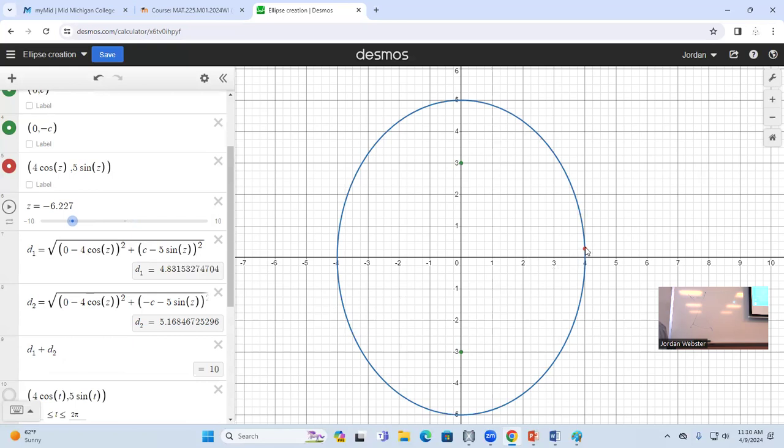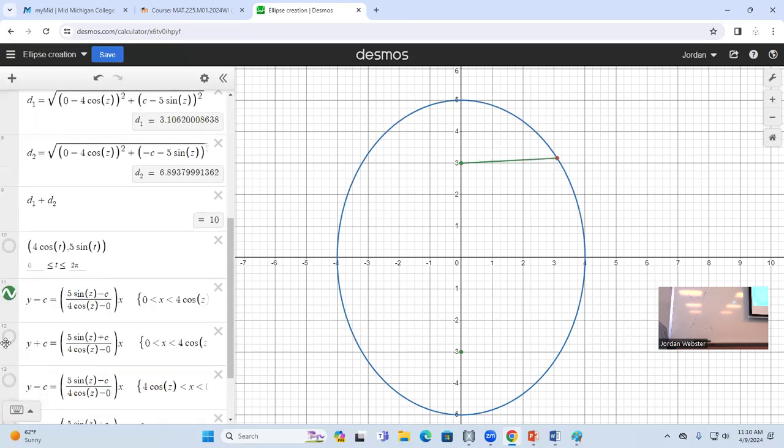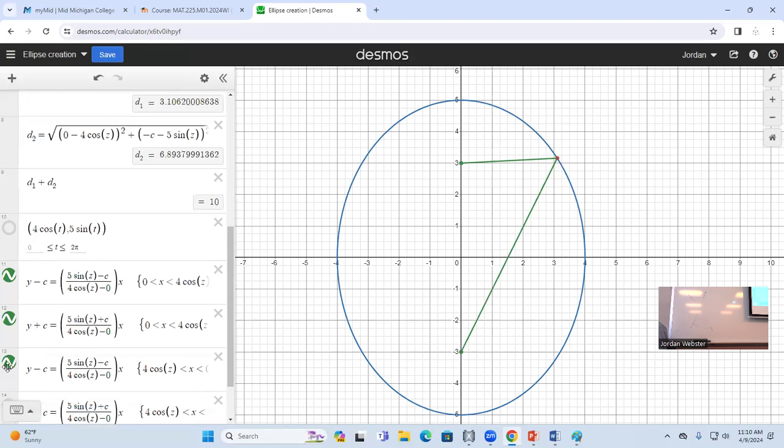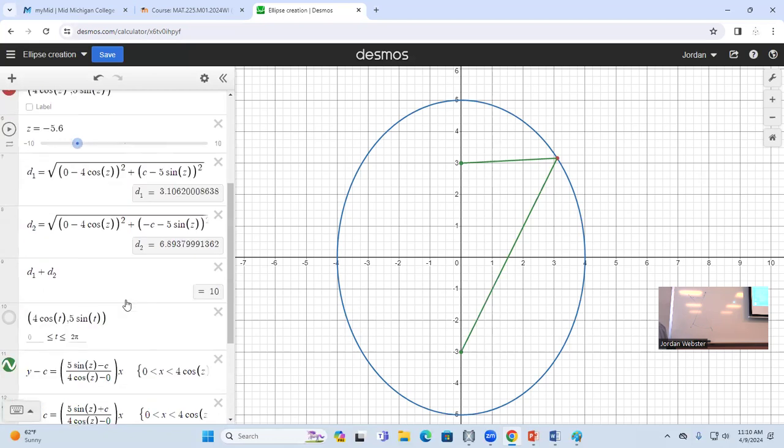In fact, right now, at this point, it's obviously much closer to this upper focus than it is to this bottom focus.